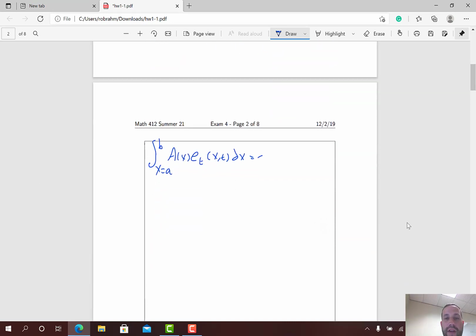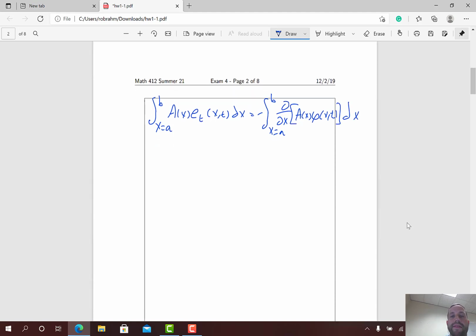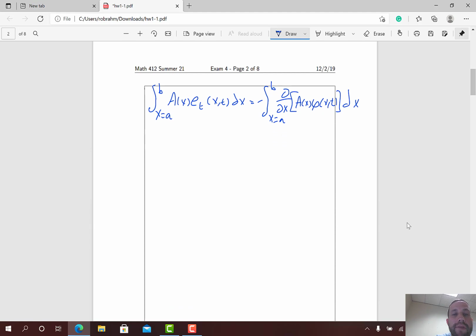So by the fundamental theorem of calculus, this is the integral from x equals A to B of the partial derivative with respect to x of A of x times phi of x,t, dx. This is true for every value of A and B.